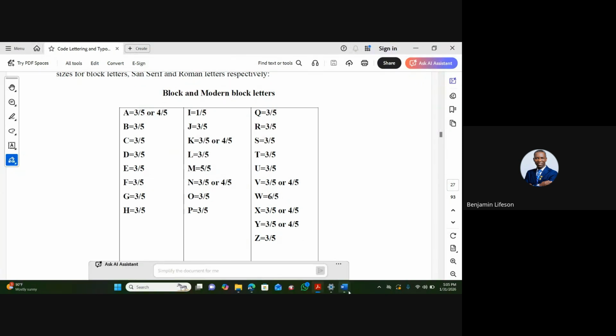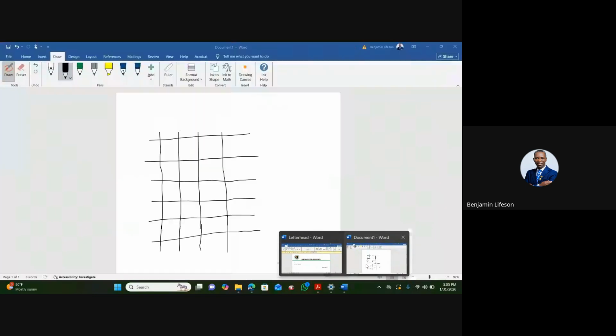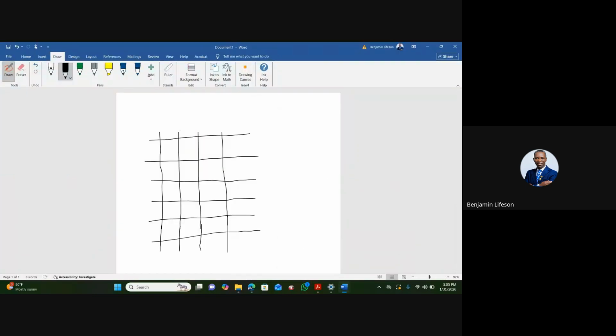So we have 1, 2, 3, then we also have 1, 2, 3, 4, 5.